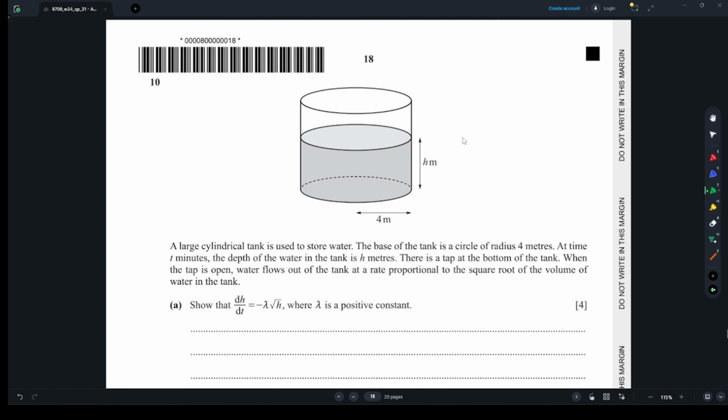There is a tap at the bottom of the tank. When the tap is open, water flows out of the tank at a rate proportional to the square root of the volume of water in the tank. Show that dh over dt is this expression, where lambda is a positive constant.